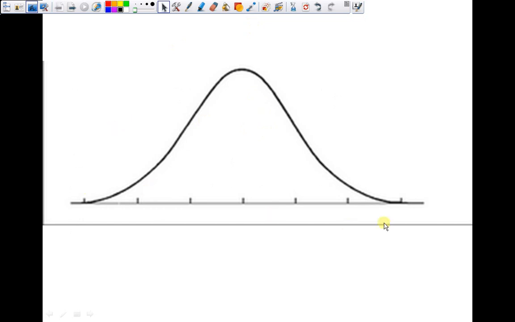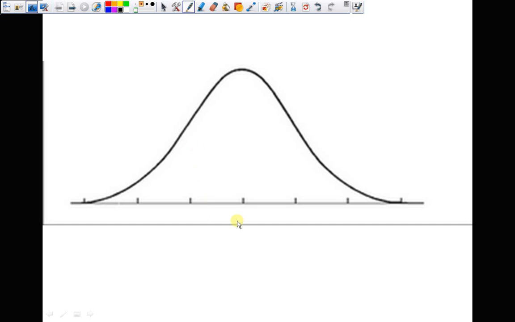So what we assume is we have our normal distribution. We know that the shape is approximately normal, and we've assumed that the mean of the population is 8.08. Remember, our population is all NFL players. We're basically assuming that the mean body fat of all those players is 8.08.